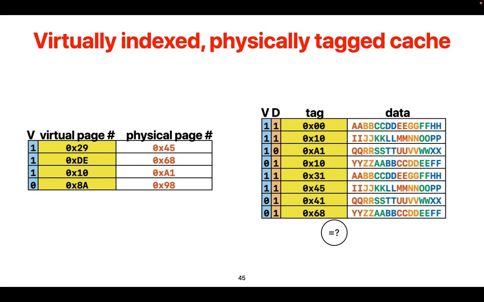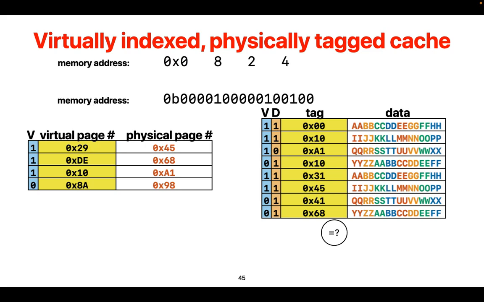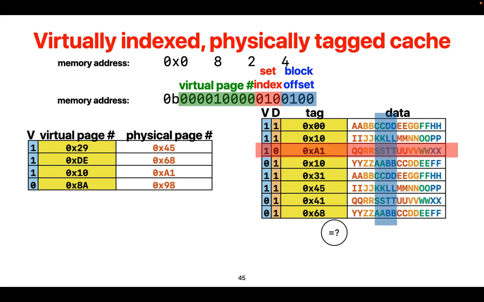So what happened here is this graph. With a virtual address, I partition the address into set index, block offset, and virtual page number, and assume the set index and block offset are all within the page offset. So I can use the block offset and the set index to find out which set has my data.